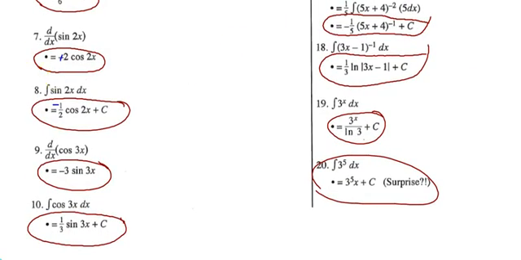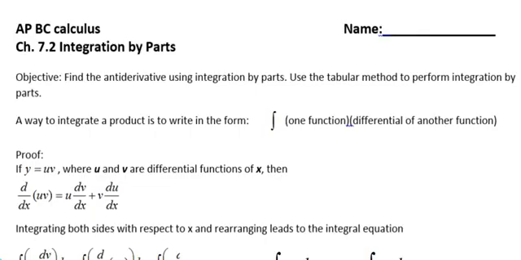Now let's take a look at what integration by parts is, which is page 28 in your packet. It is a way to integrate a product. Integration by parts is a kind of product rule. You have one function times another function, but not the differential of the other function.